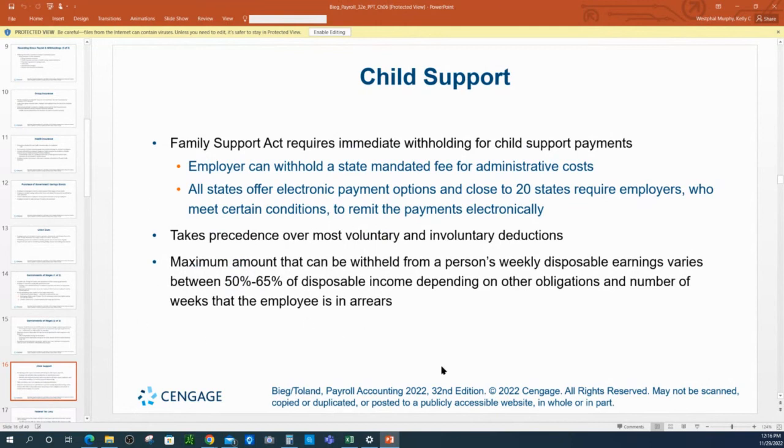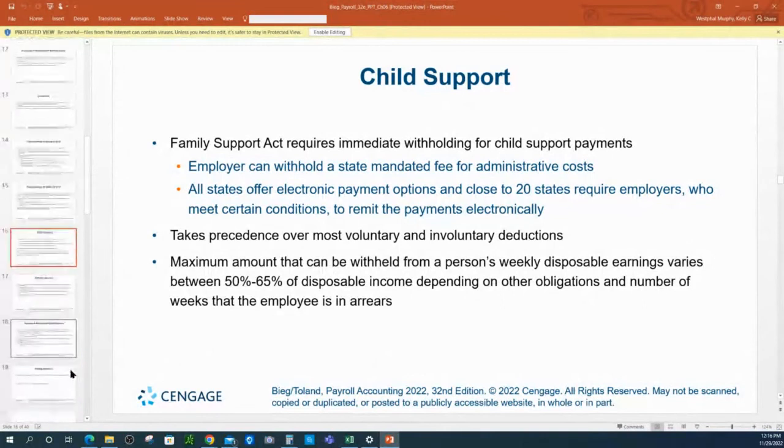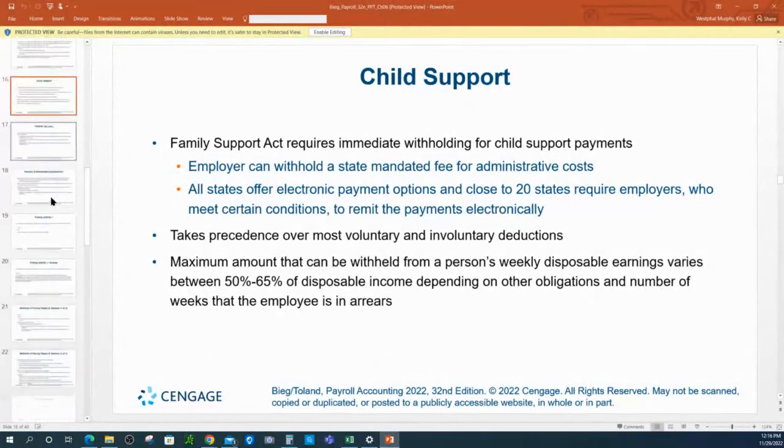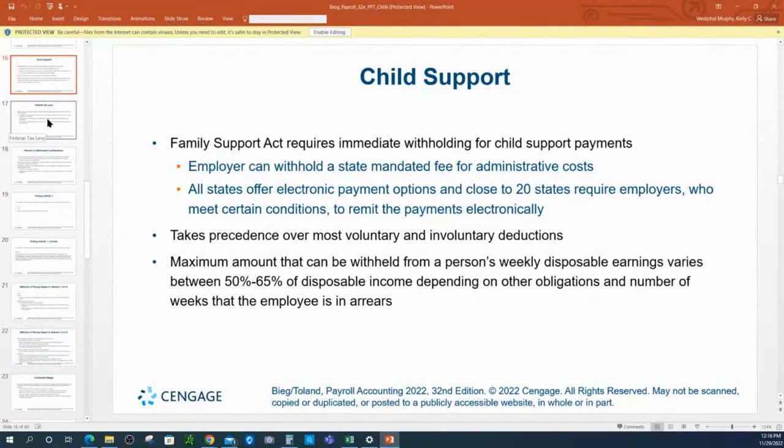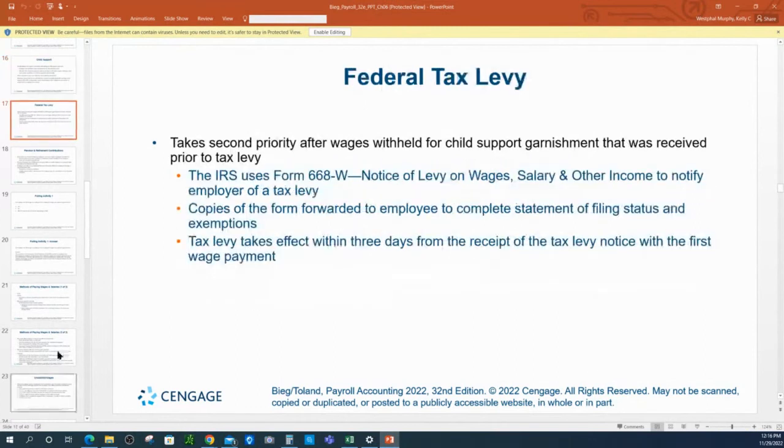This is going to take precedence over most other types of deductions. The maximum that can be withheld varies between 50 and 65% of disposable income, depending on other obligations and the number of weeks that the employee is in arrears. So how much they actually owe, and how long it's been since they've made a child support payment.